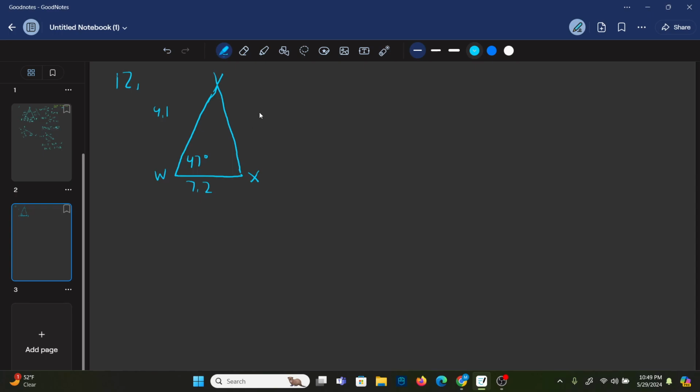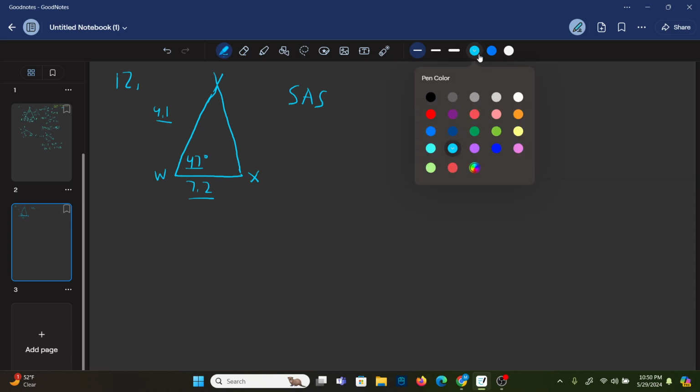So notice that we have side angle side. And we're asked to find the area. When we have side angle side and we want to find the area, there are three formulas that we can use.